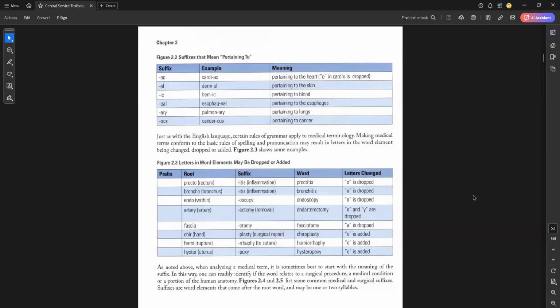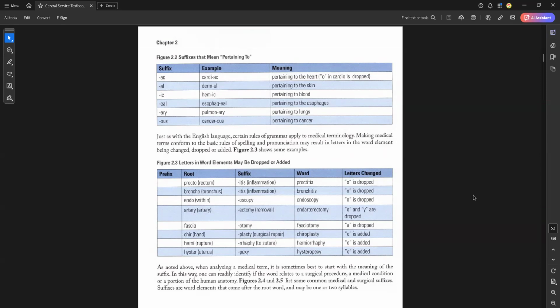Look under meaning. Figure 2.2, we are talking about the first one. You see, pertaining to the heart, the O in cardio is dropped. So sometimes for the sake of pronunciation and writing a vowel, we call it the combining vowel.